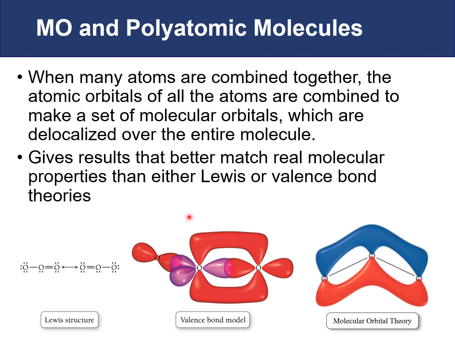Our valence bond model does not adequately depict that our electrons are delocalized or spread out between all 3. For molecular orbital theory, you have the p orbitals from each one of the oxygens combining together to get an overall molecular orbital that expands and allows the electrons to be shared between all 3 of the oxygens. This gives a much better description of the properties that we see for things like ozone, O3.